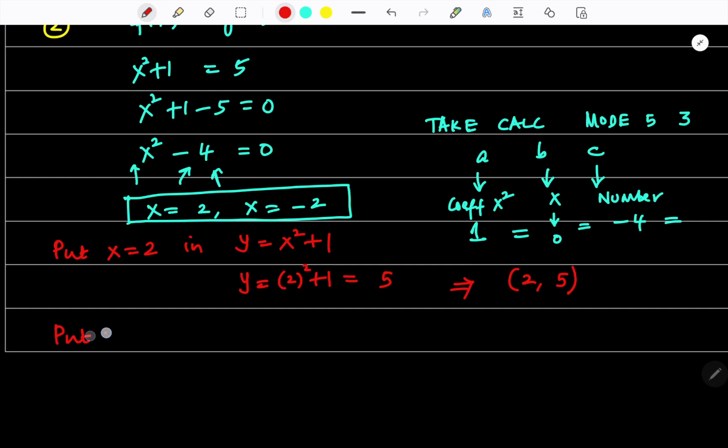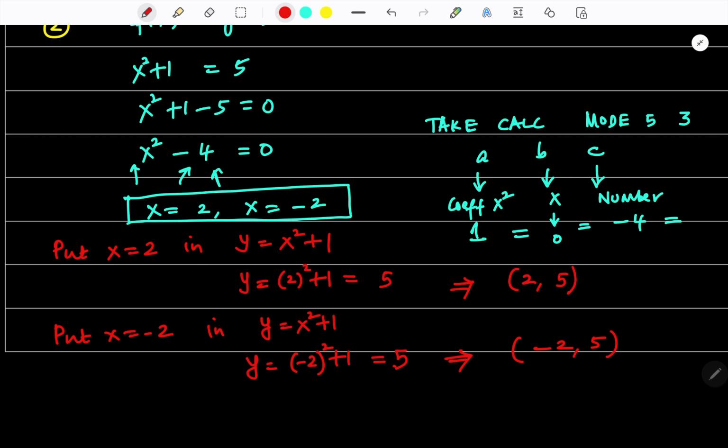Now put x equal to minus 2 in y equals x square plus 1. Y equals minus 2 the whole square plus 1, which is also 5. So I get another point, minus 2 comma 5.